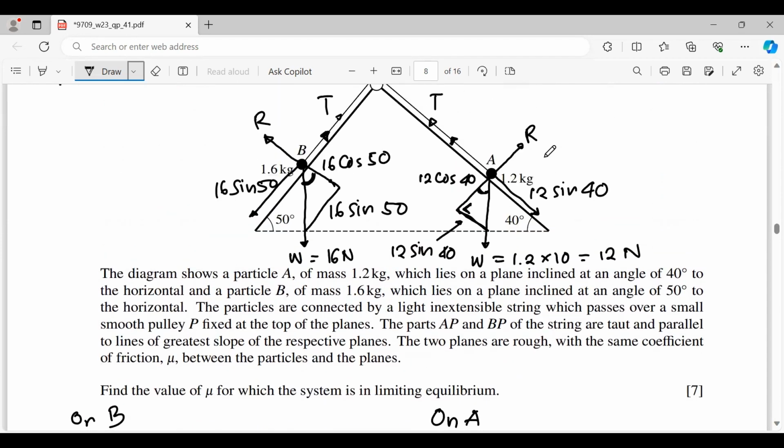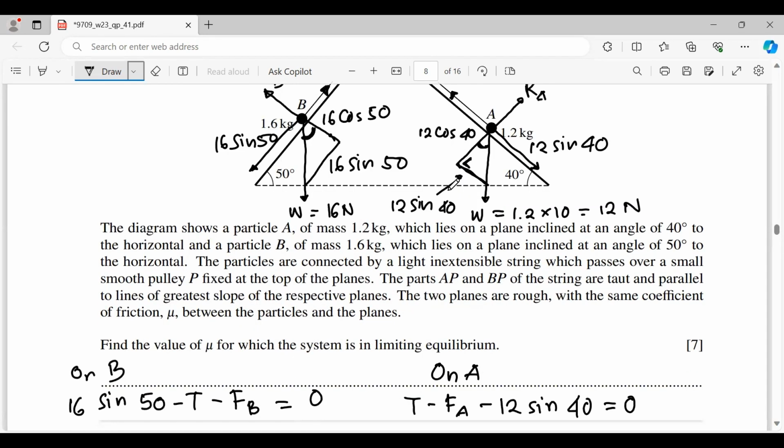This is resultant A, and this is resultant B. Resultant A equals 12 cosine 40.